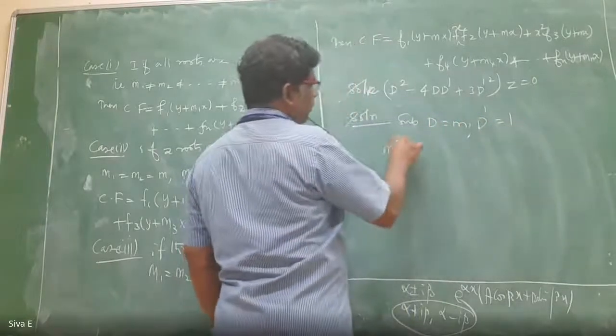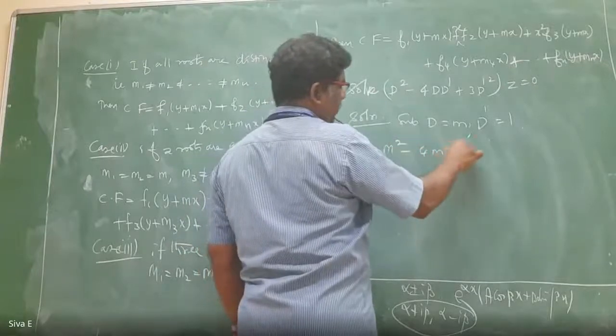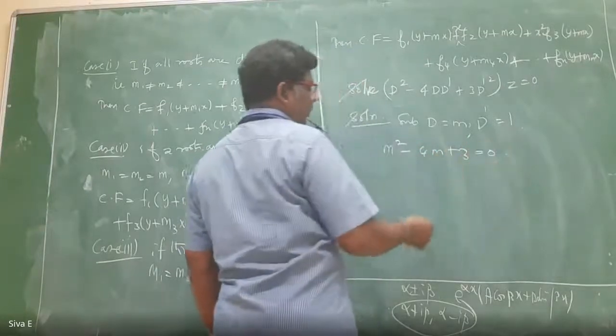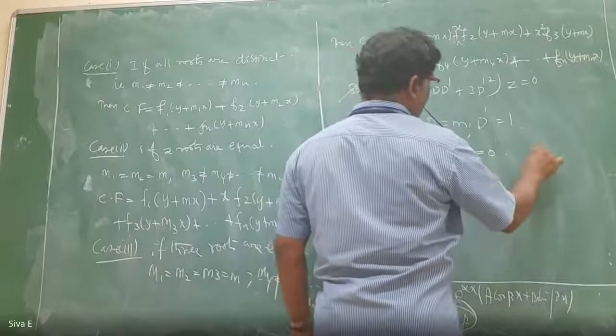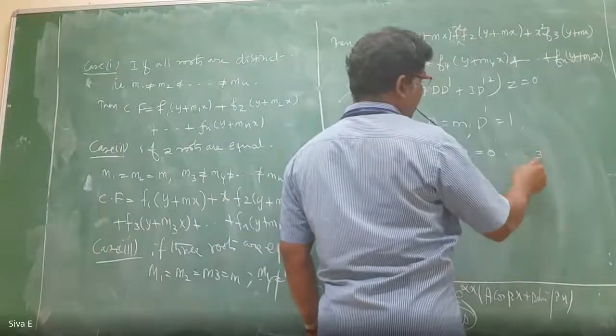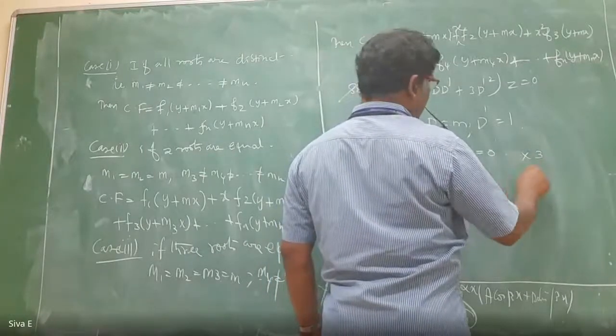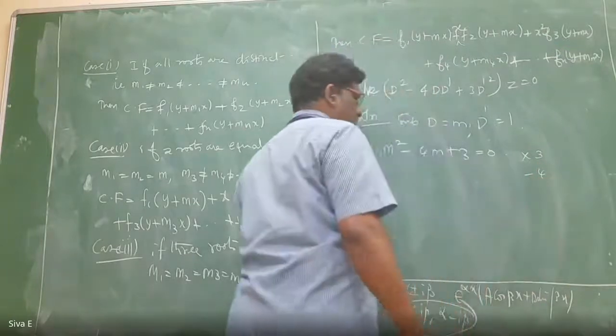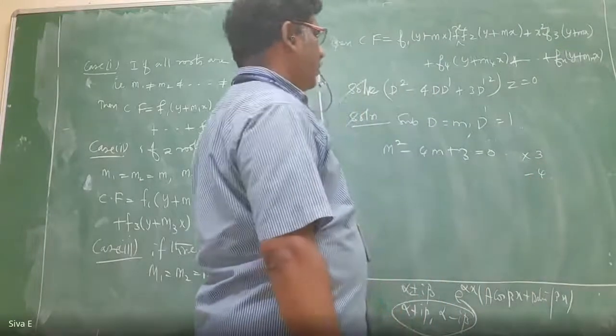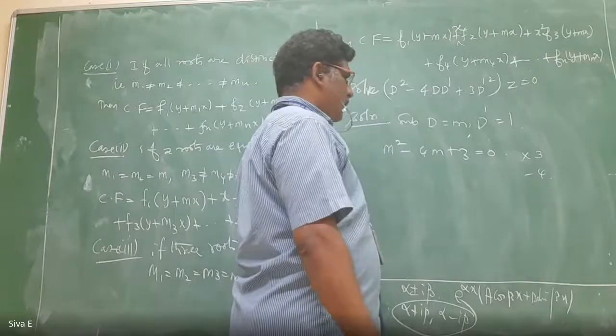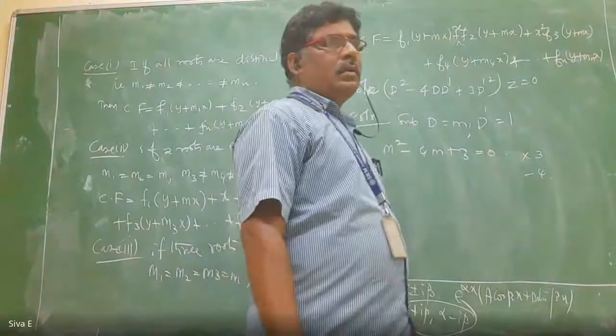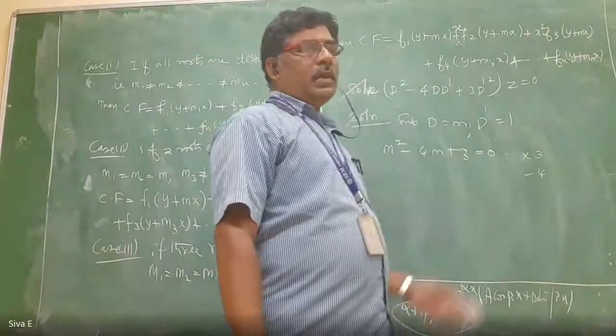So m square minus 4m plus 3 equal to 0. The multiplication is plus 3, the addition is minus 4. What are the two numbers?